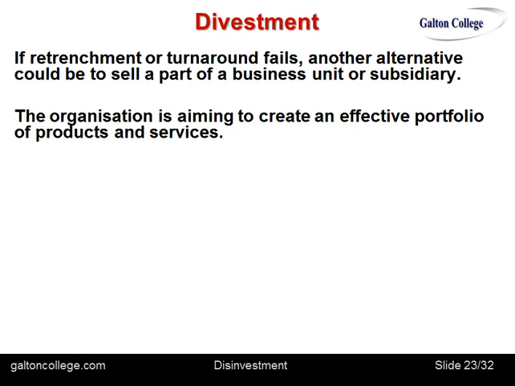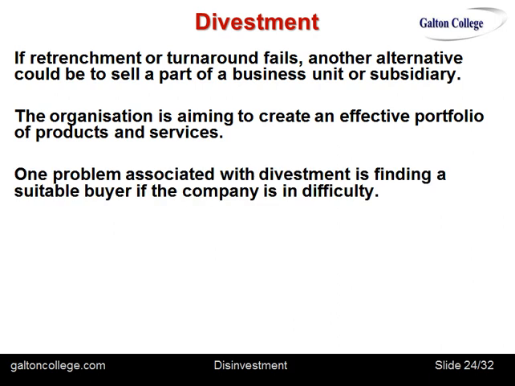The organization is aiming to create an effective portfolio of products and services. That's what organizations try to do. They try to balance their portfolio of products and services. One problem associated with divestment is finding a suitable buyer if the company is in difficulty. Now, divestment may mean selling part of the business.